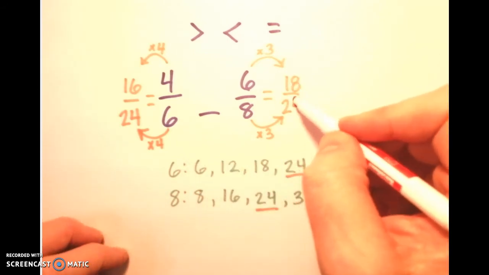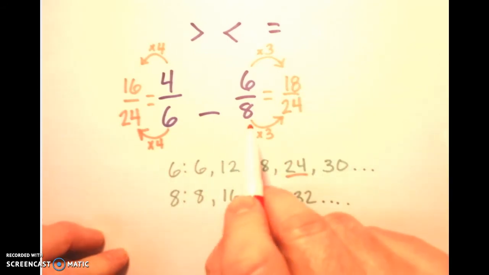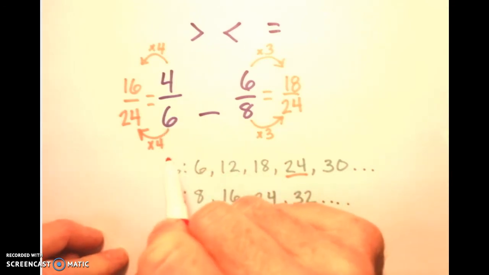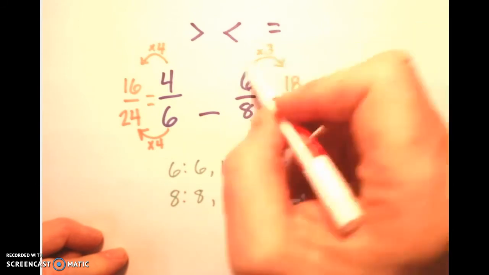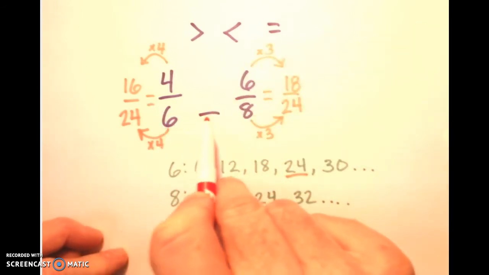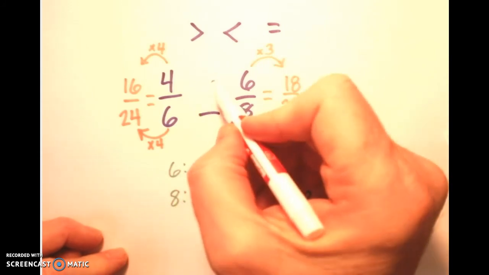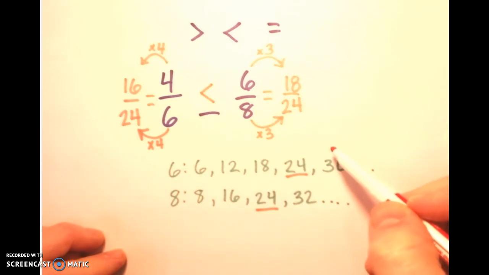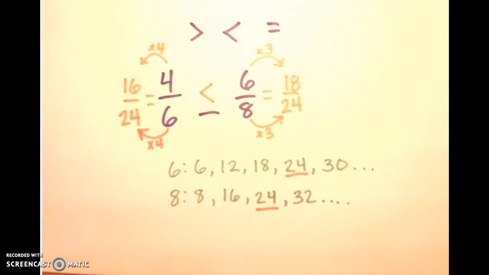And if 18/24 is larger than 16/24, then 6/8 must be larger than 4/6. So in this case, the way the equation reads from left to right, 4/6 as compared to 6/8, I must use less than. I hope that makes sense to everyone out there that's watching.